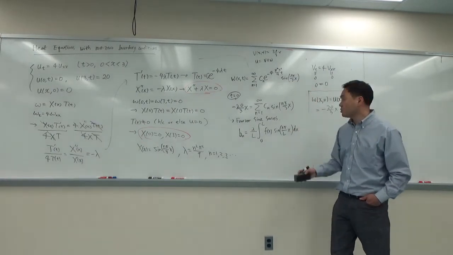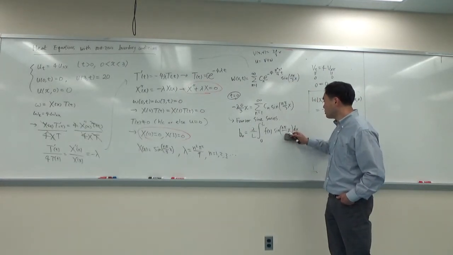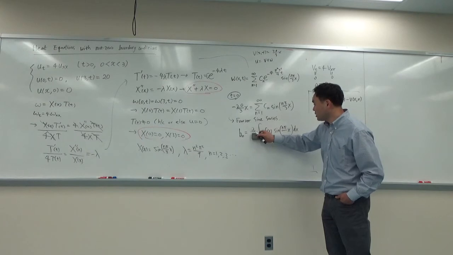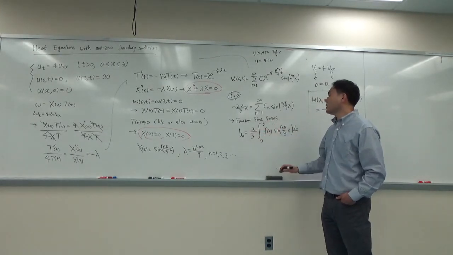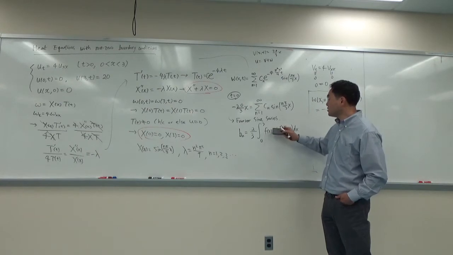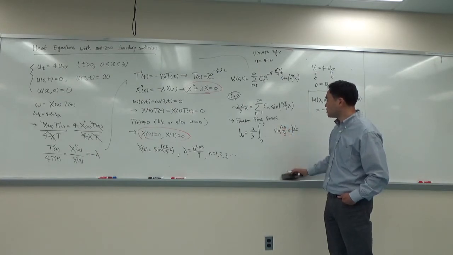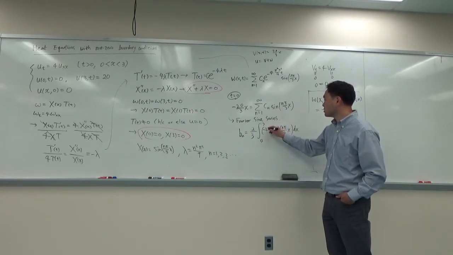And for our case, the length of the rod is 3, so we replace L by 3. And the f of x is negative 20 over 3 x, so we replace that as negative 20 over 3 x.